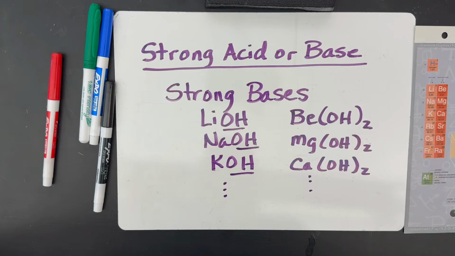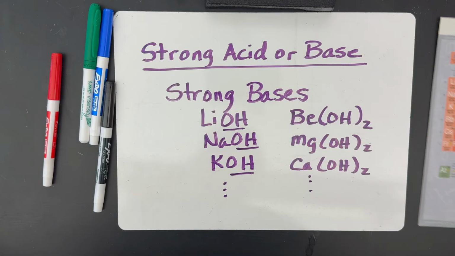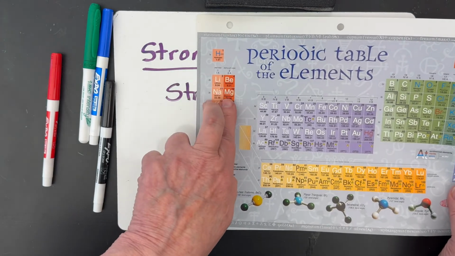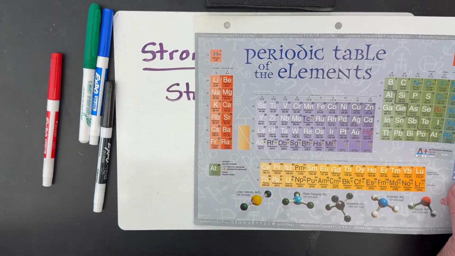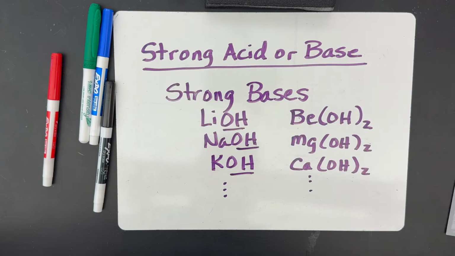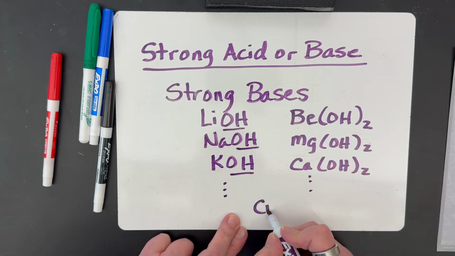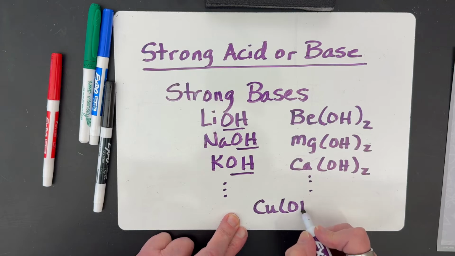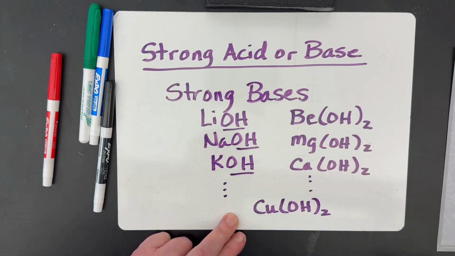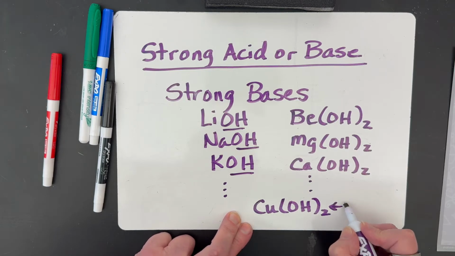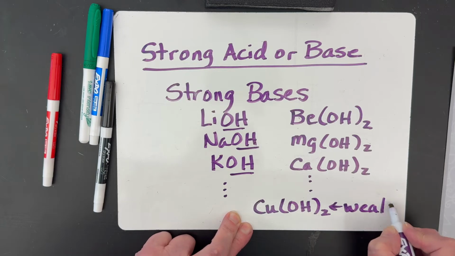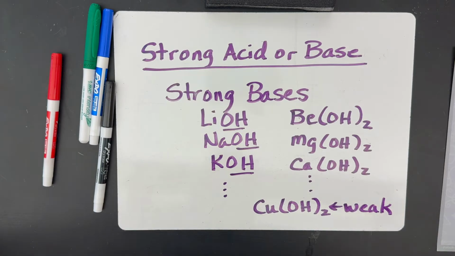Those are the only strong bases. If you see anything else besides these 2 columns in the front, it is weak. So for example, if you saw copper in the front, that is weak, which means it doesn't come apart 100%.